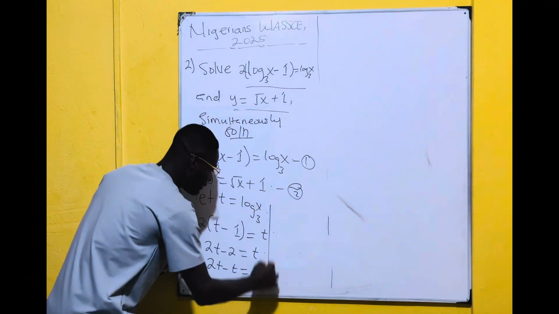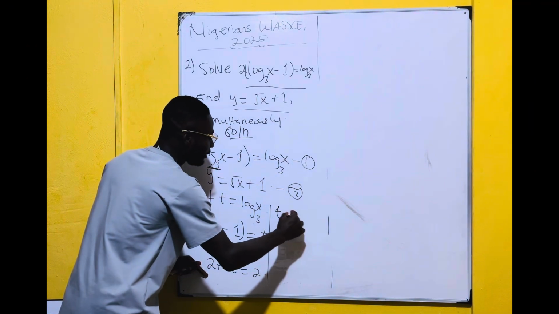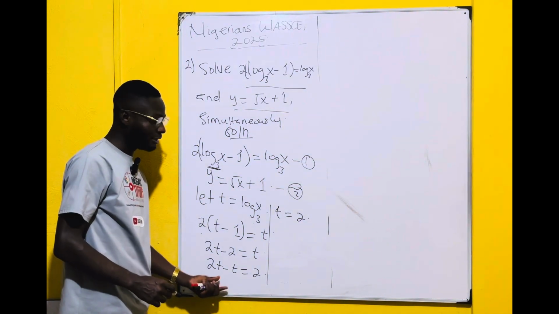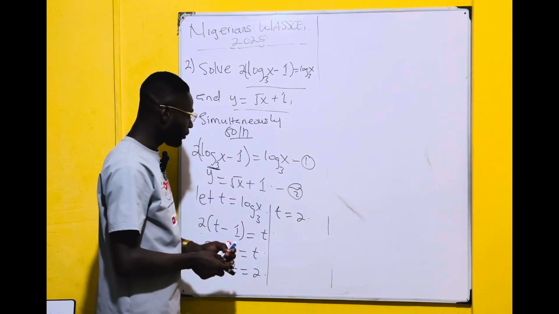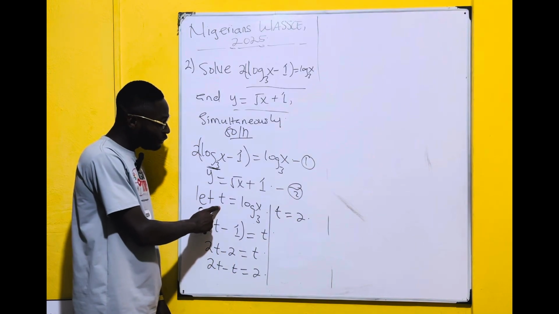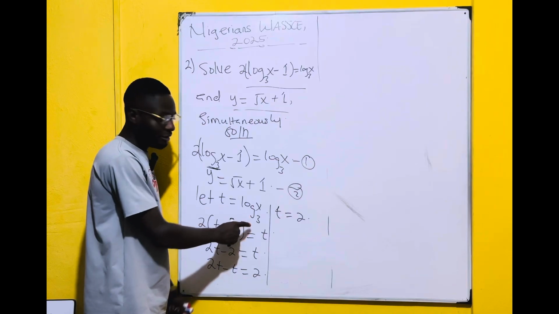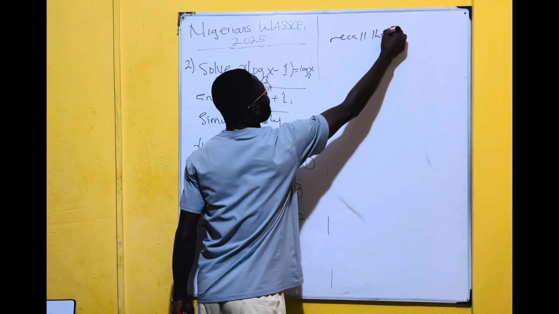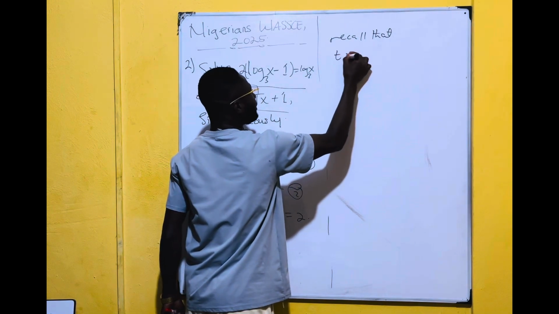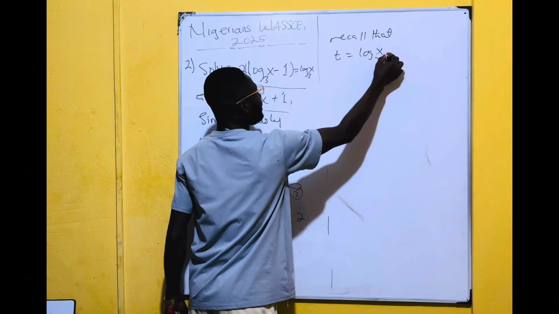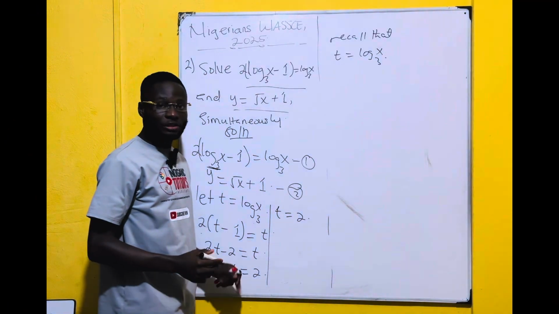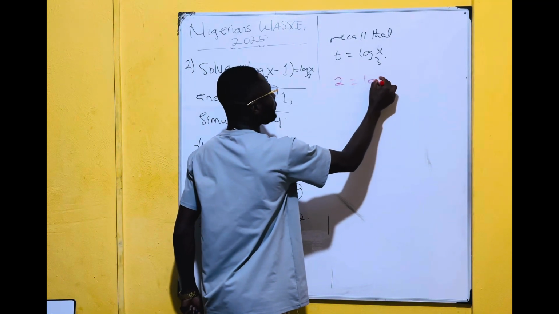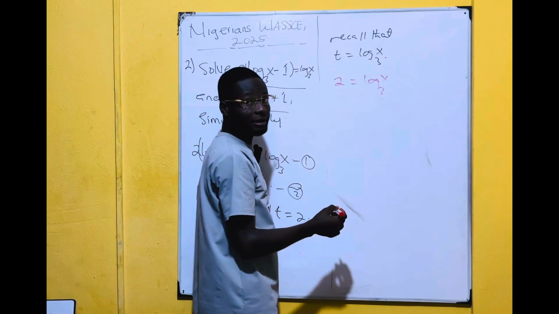So we can say that our t is basically 2. Now, remember that we said t should be equal to log x base 3. So recall that t is equal to log x base 3, and now our t is 2, so 2 equals log x base 3.